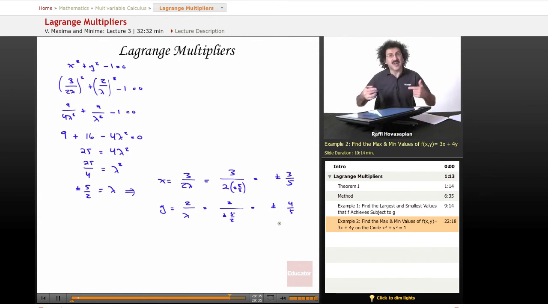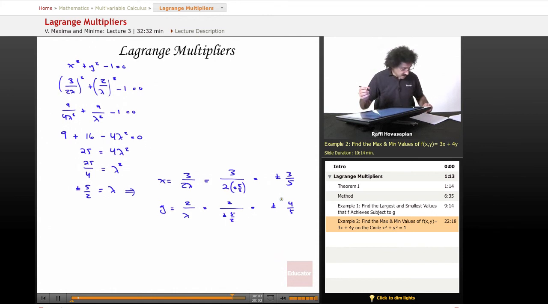There's other analyses going on here. X equals 3 over 2 lambda, y equals 2 over lambda. X and y have the same sign, so they're either both positive or both negative. So we don't have 4 points to pick, we only have 2 points to pick. One in the first quadrant, one in the third quadrant. That's what's going on here. I mean, you can go ahead and use the other. That's not a problem. You're going to get the answer, but just something else to be aware of.